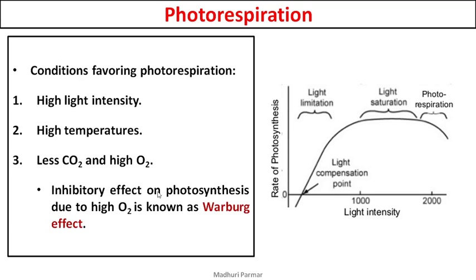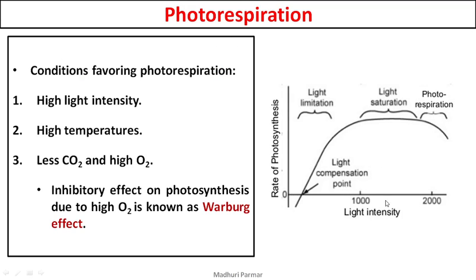The inhibitory effect on photosynthesis due to high oxygen: if there is higher oxygen, it will not allow photosynthesis to happen. Why? Because high oxygen means it will bind to the Rubisco and it will not allow production of sugar. So your photosynthesis is not happening. This inhibitory effect on photosynthesis because of high oxygen is known as the Warburg effect. Clear?